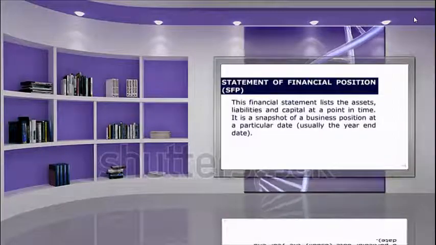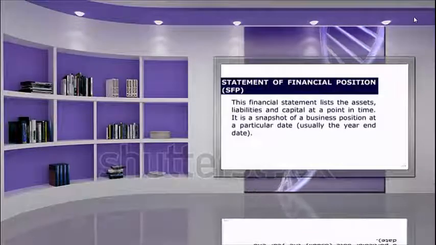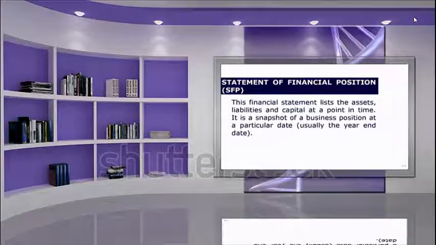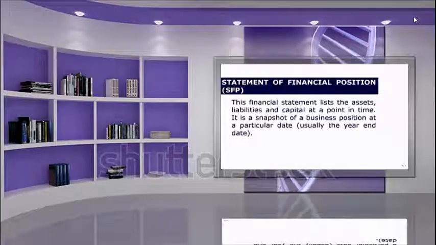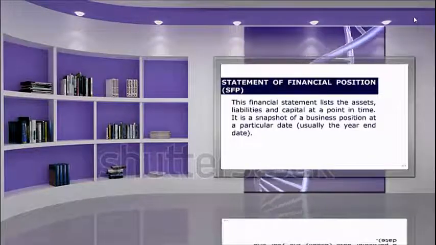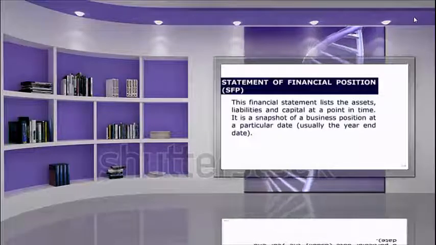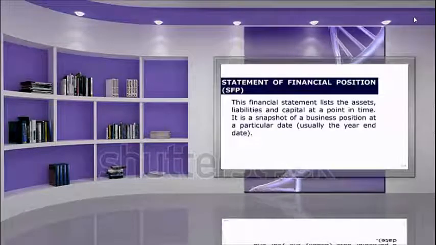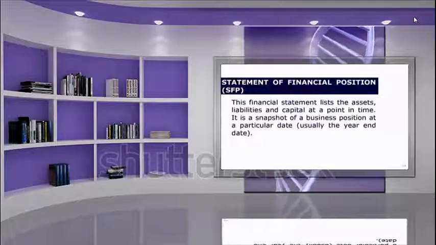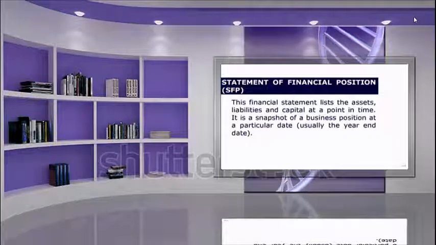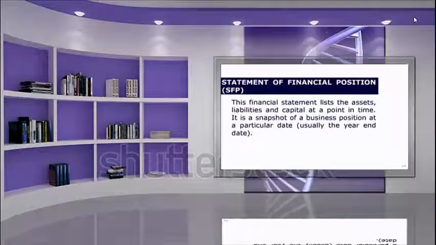Welcome back. In this session we're going to have a look at our second primary financial statement, being the statement of financial position. Sometimes you've heard it referred to as the balance sheet, but in the exam it will be referred to as a statement of financial position. Now this is your second primary financial statement.